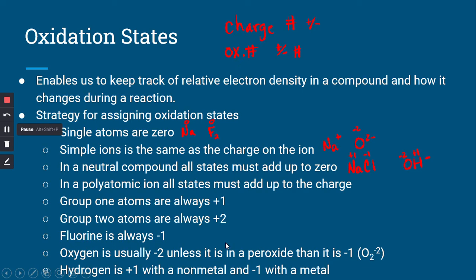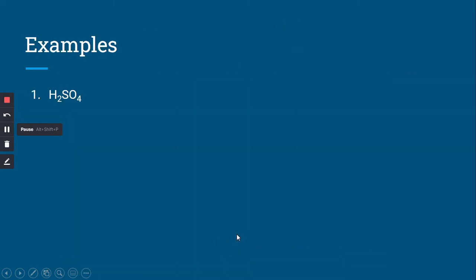So we're going to practice. All right, H2SO4. This is the way that I was taught how to do them, and I think it makes sense. We're going to create a chart above H2SO4. If you're using notebook paper, you could do this on 2 lines. Then we're dividing the chart into H2, S, and O4.